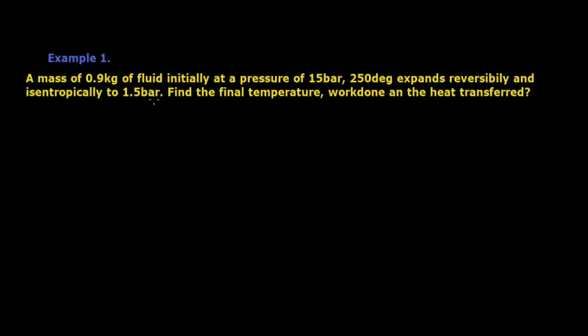It can be liquid, it can be gas. Initially at a pressure of 15 bar, 250 degrees Celsius, expands reversibly and isentropically. Remember the word isentropically too. To 1.5 bar. Find the final temperature, work done, and the heat transferred.